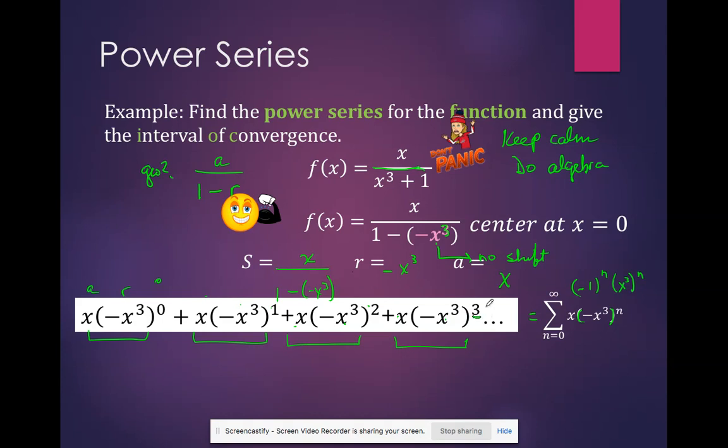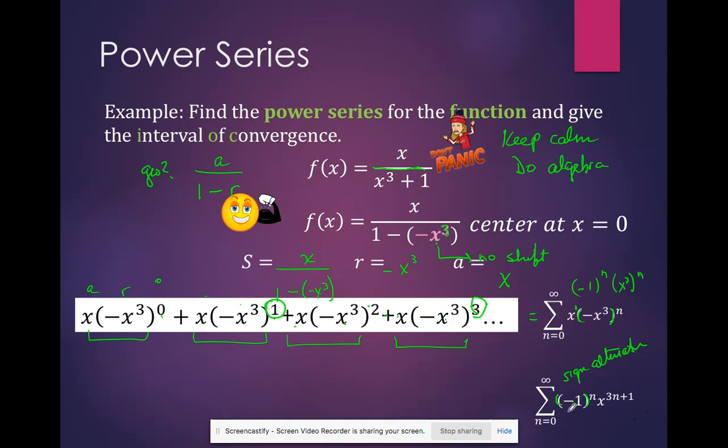Notice that every time I have an odd power, my term here is going to be negative. And every time I have an even power, my term is going to be positive. Also, when I write it like this, I have an x to the first here and an x to the 3n here. So here's how that would really look, where this is what I call your sign alternator.